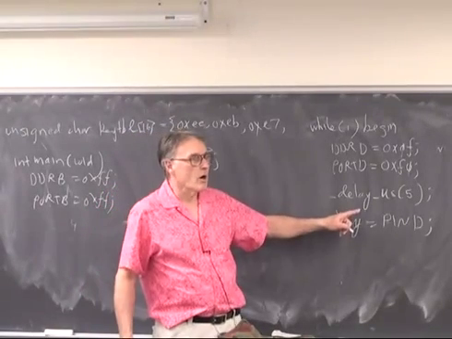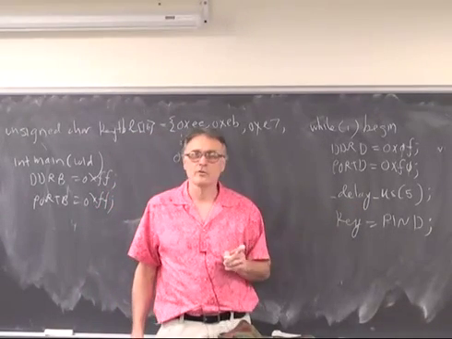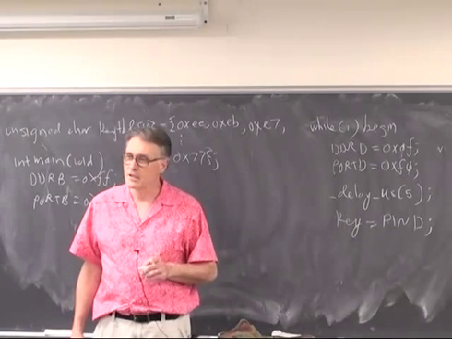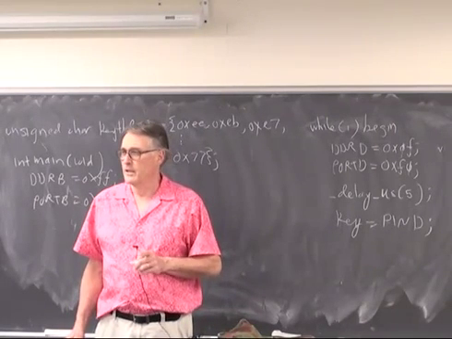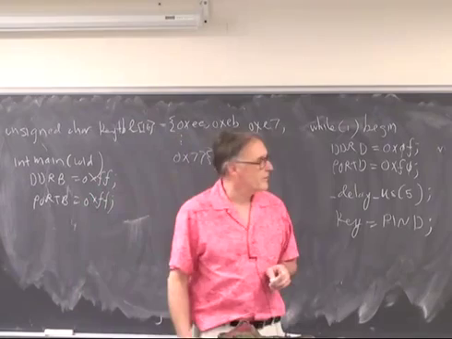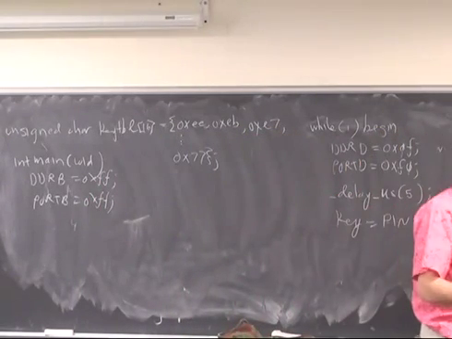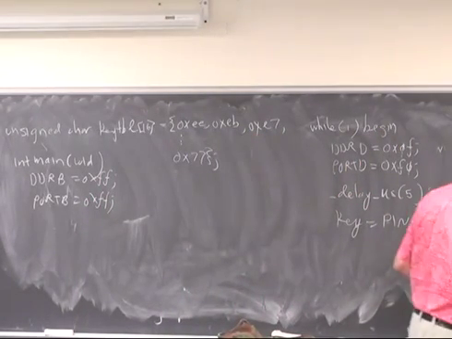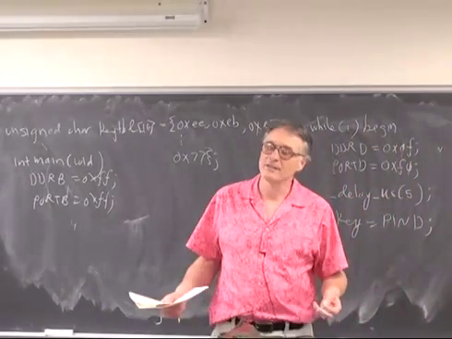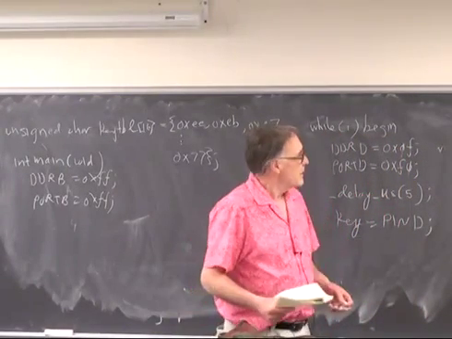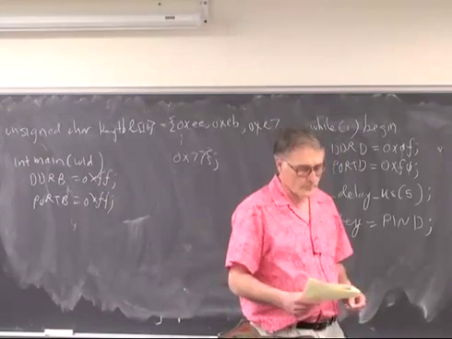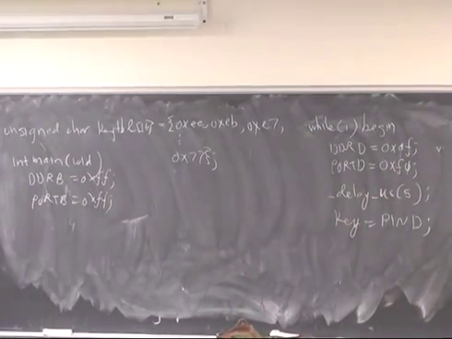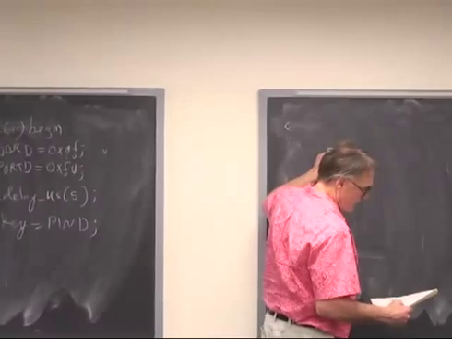And the reason it's wrong is that it doesn't take into account a very subtle time delay that happens because of an electrical effect. And the electrical effect is caused by a capacitor I didn't expect. So the pin looks like this. This is the output pin.